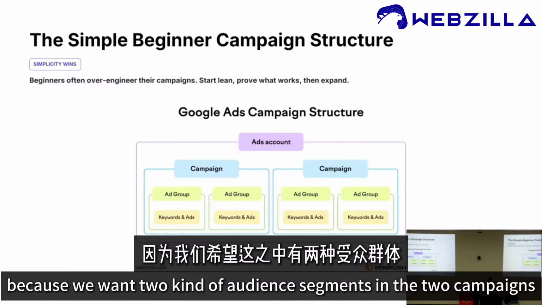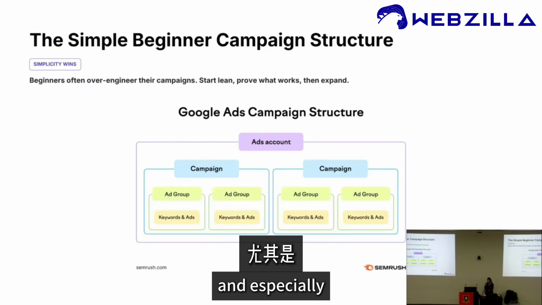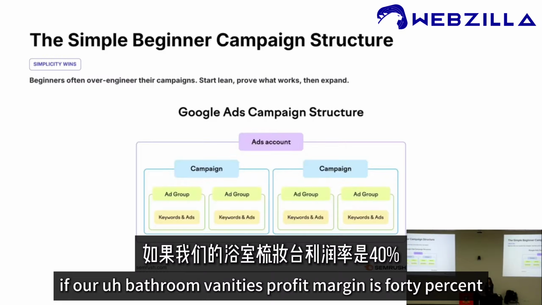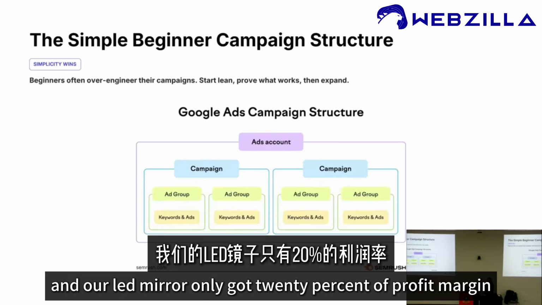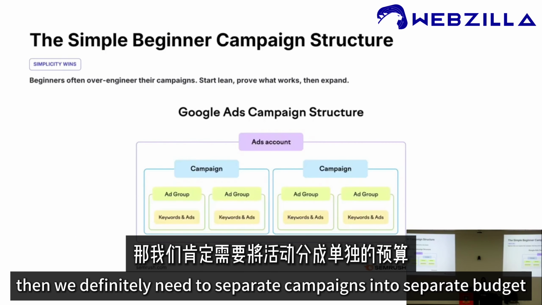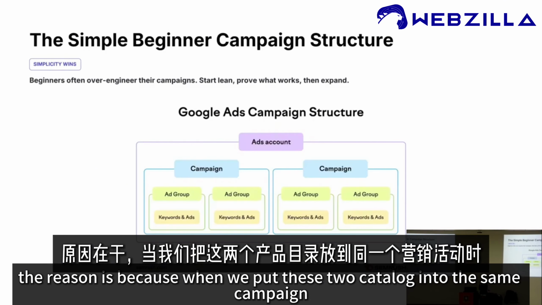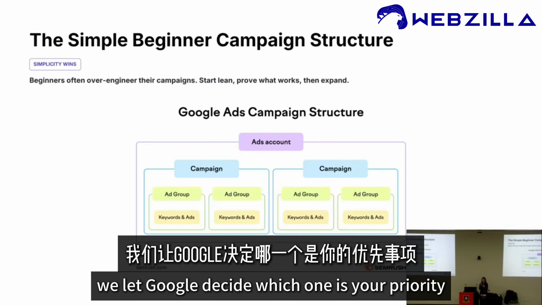Because we want 2 kind of audience segments in the 2 campaigns, and especially if our bathroom vanities profit margin is 40%, just for example, and our LED mirror only got 20% of profit margin, then we definitely need to separate campaigns into separate budget. The reason is because when we put these 2 catalog into the same campaign, we let Google decide which one is your priority.